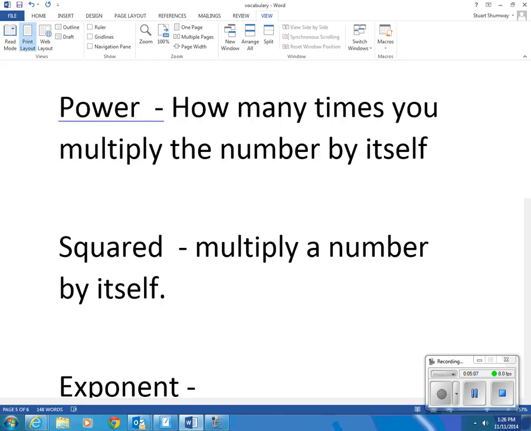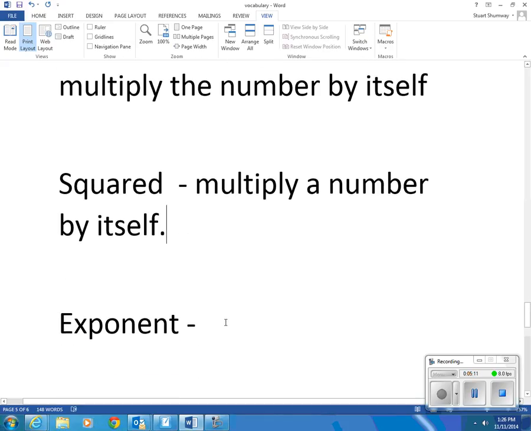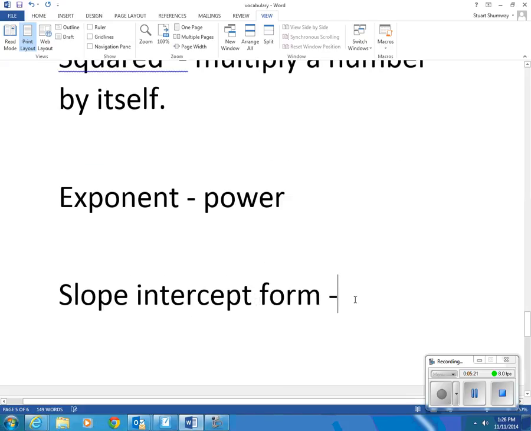Like 3 squared is 3 times 3, which is 9. Exponent is where the power is. So that's power and exponent are somewhat interchangeable. We'd say to the power of 5, or the exponent is 5.